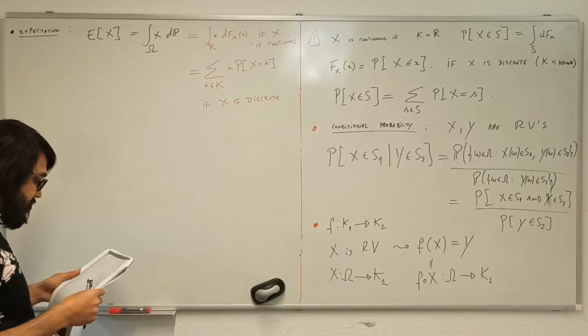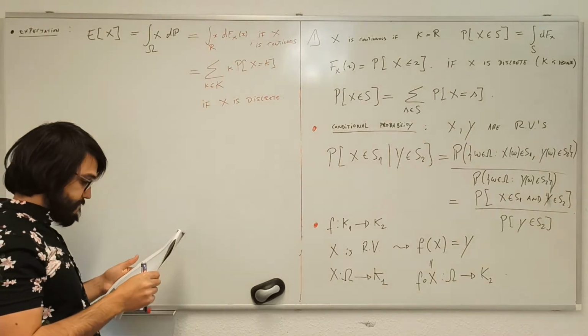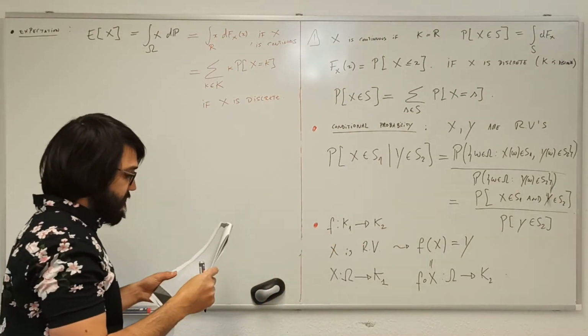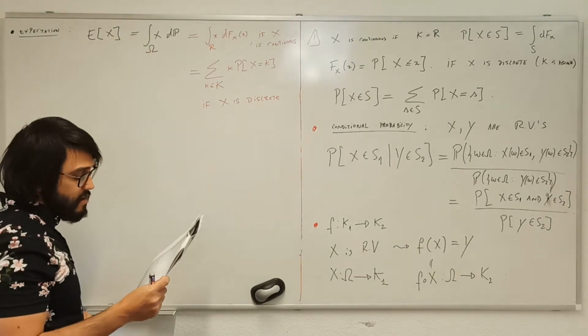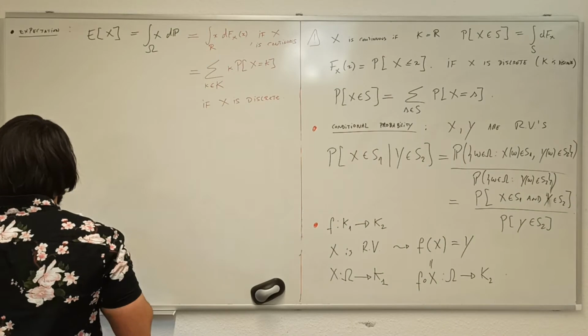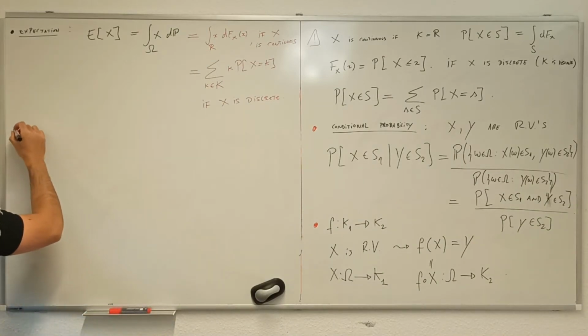So these are the things we really need. So you define conditional probability here for two random variables, but there is a simpler way that we'll define in a moment. It's by events.